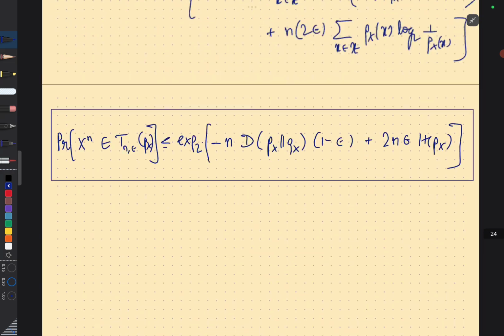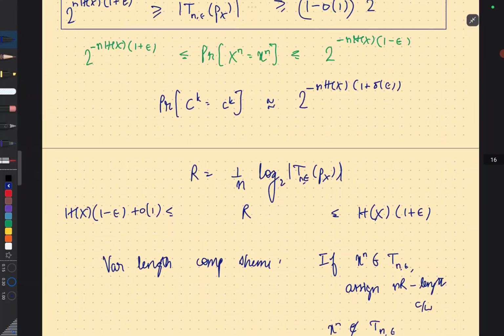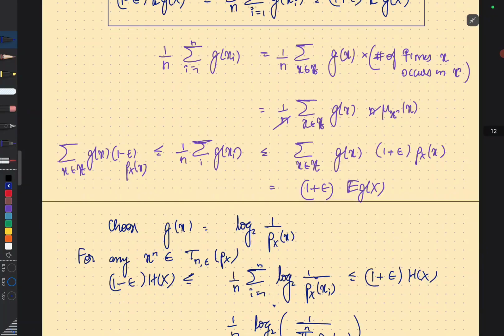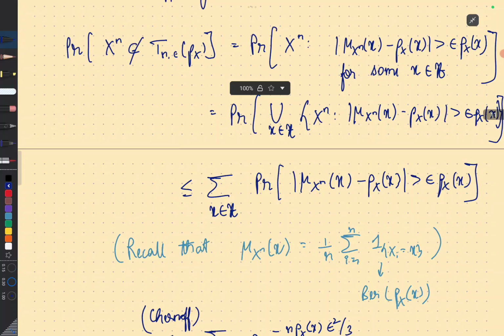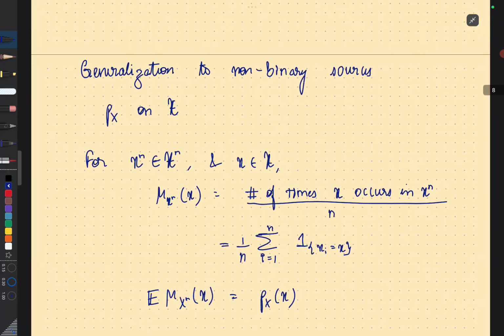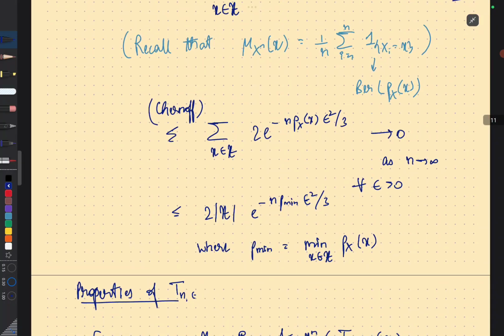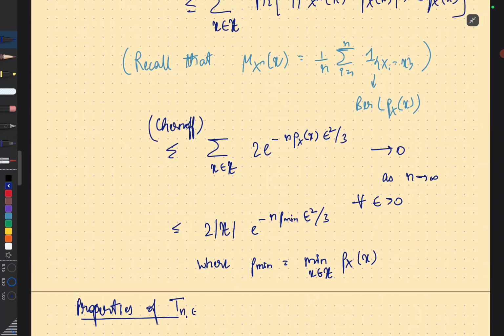So recall, for the typical set, we had proved the following property. Right, for that, the probability that x^n drawn IID according to P of x does not lie in the typical set is less than or equal to 2 times the size of X times e to the minus n times p min epsilon square divided by 3.